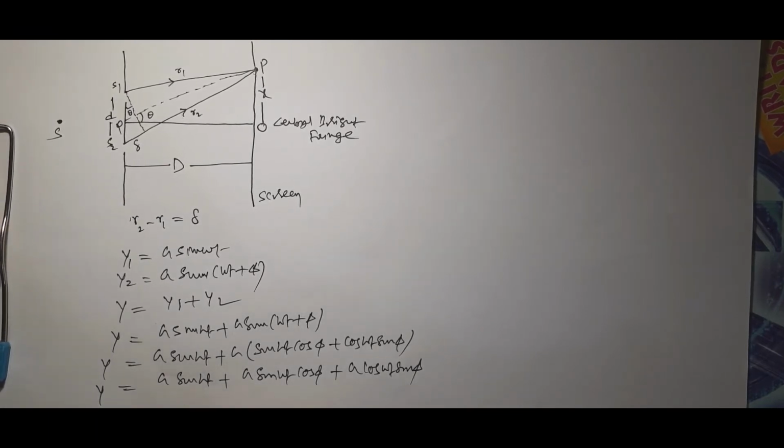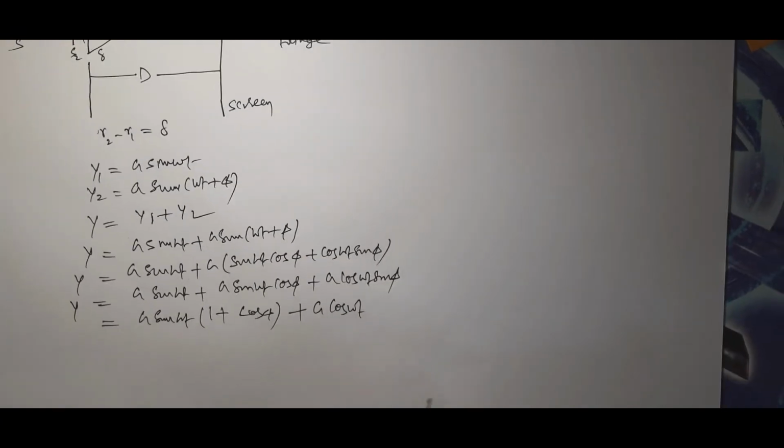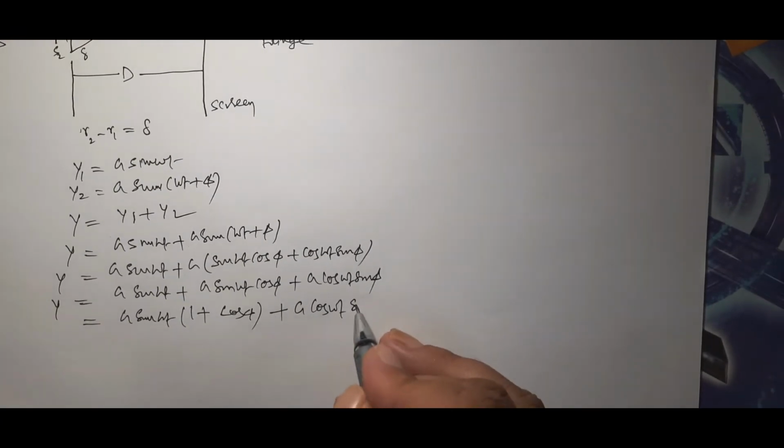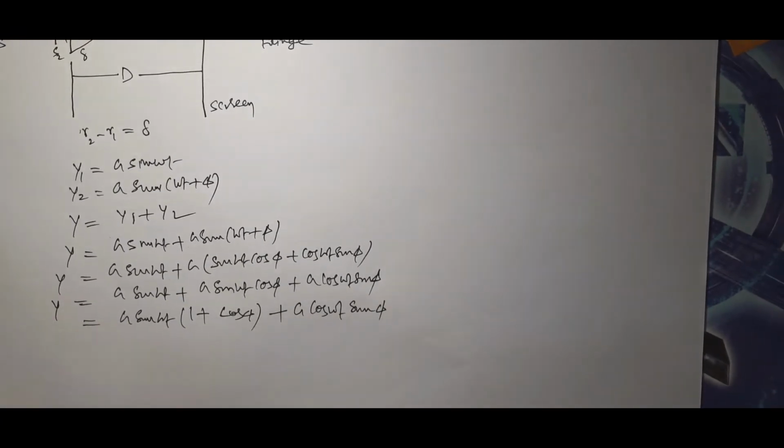Now in this equation take a sin ωt common. So we get a sin ωt (1 + cos φ) plus a cos ωt sin φ.